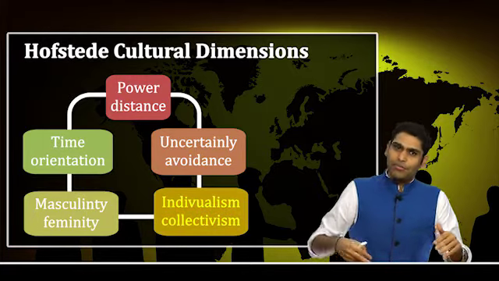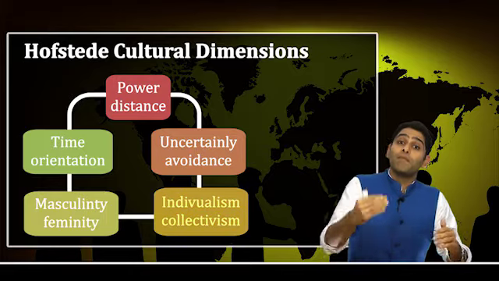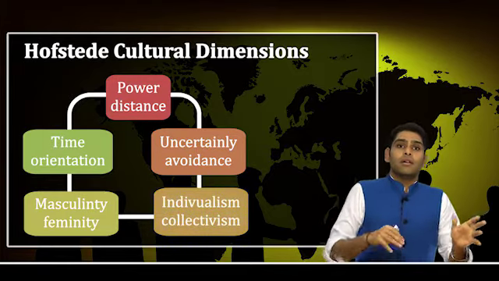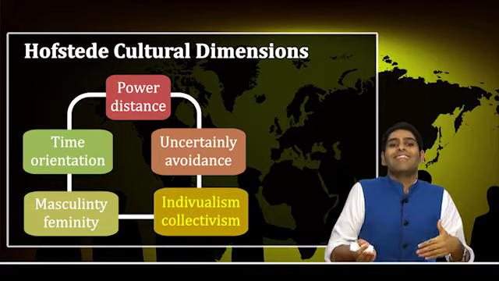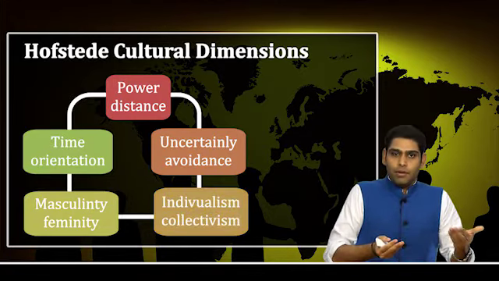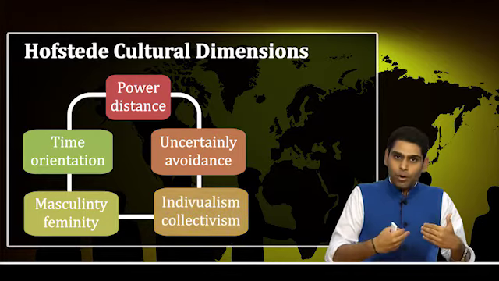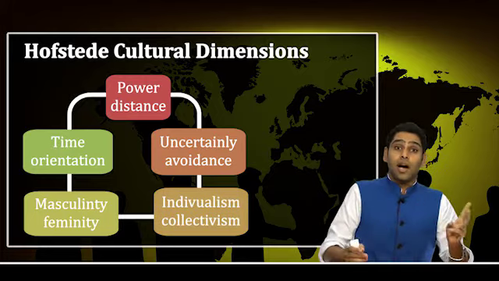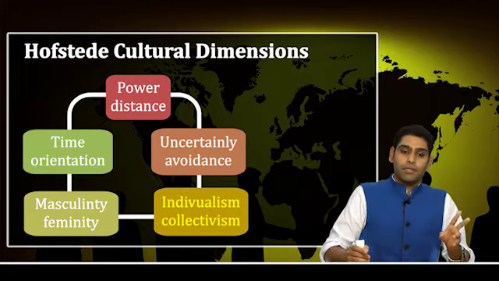You want to take care of your family members. You look at their priorities over your priorities, which is different in the US. In the US, you're very individualistic. Your happiness and your priorities come over the other person's. So this is another major factor.